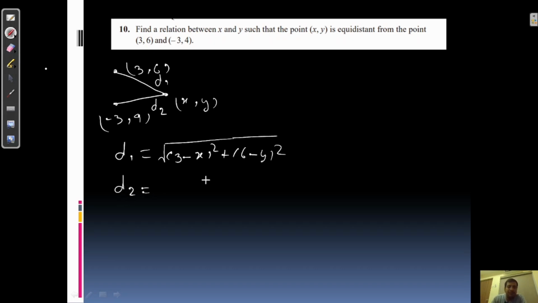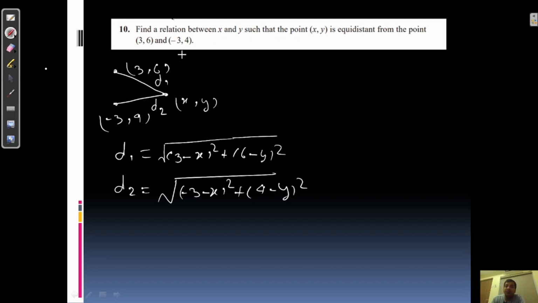Let us find d2. Look, I am saying this is x1, y1. This is (-3, 4), x1, y1. This is x2, y2. So let us solve. x1 minus 3 minus x2, x plus y1. y1 is 4. y2 is y.